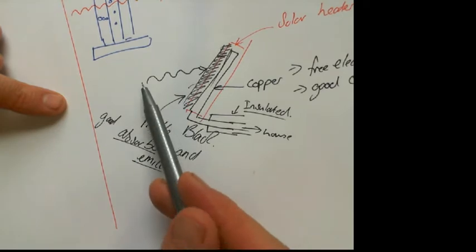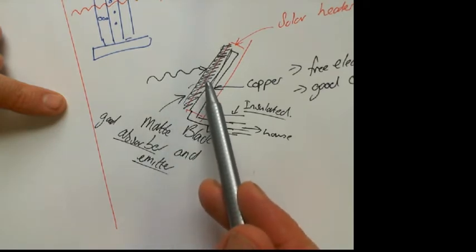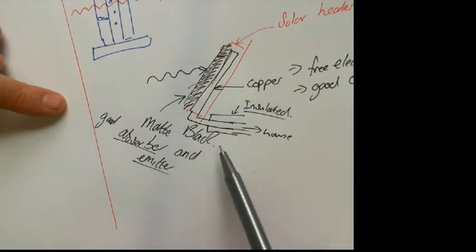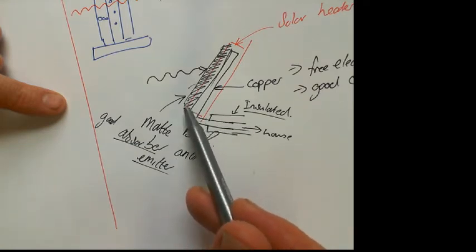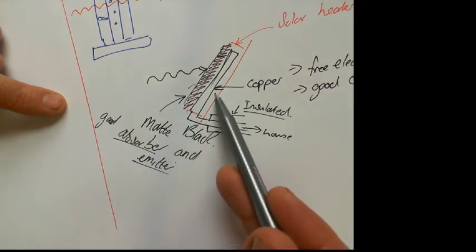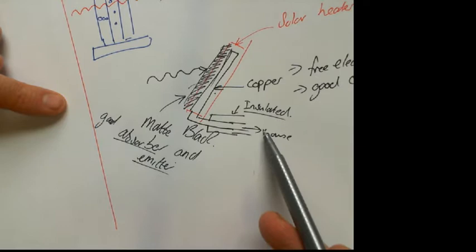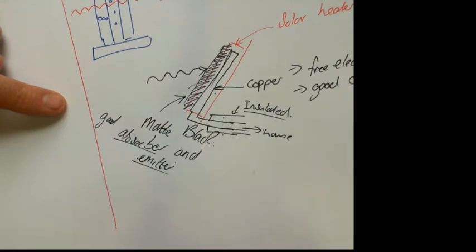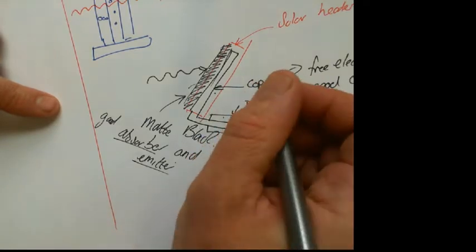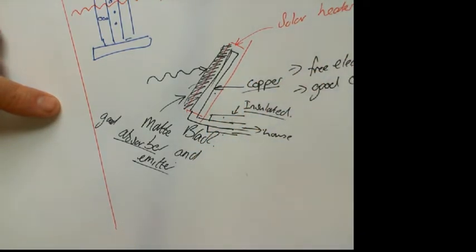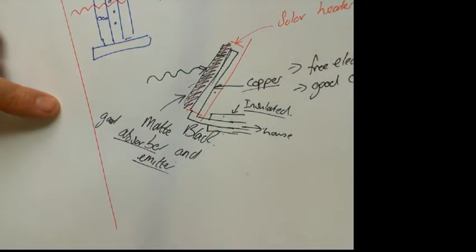Okay, so light comes in, hits this, heats up because it's absorbed, and then the matte black surface re-emits the heat into the pipe, and then the pipe takes it to the rest of the house. And once inside the house, the pipe should be insulated so that you don't lose any energy. You use copper because it's got free electrons, which means it's a good conductor.